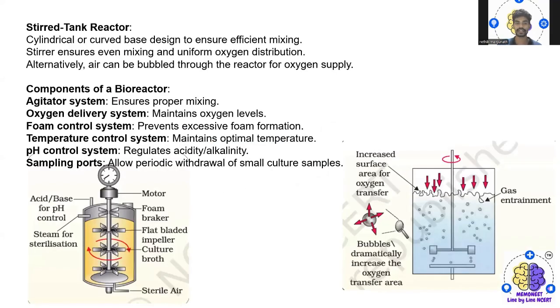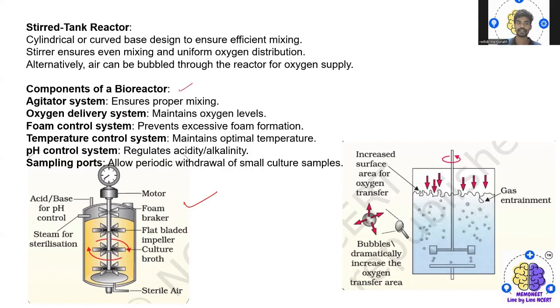So what all does it consist of? One is the stirred tank reactor. It is a cylindrical or curved base design to ensure effective mixing. Stirring ensures even mixing and uniform oxygen distribution. Alternatively, air can be bubbled through the reactor for oxygen supply.